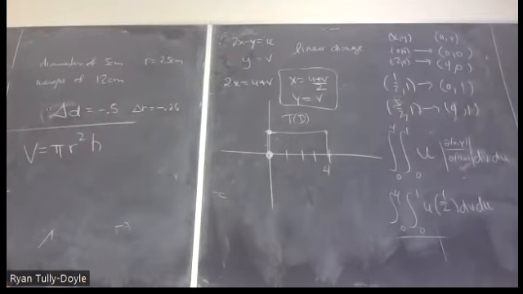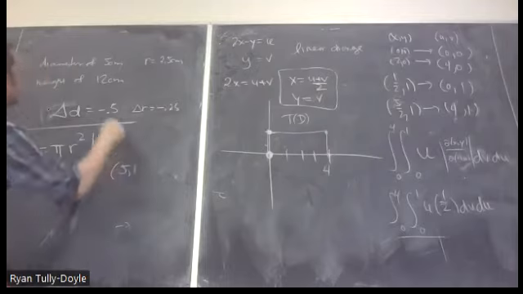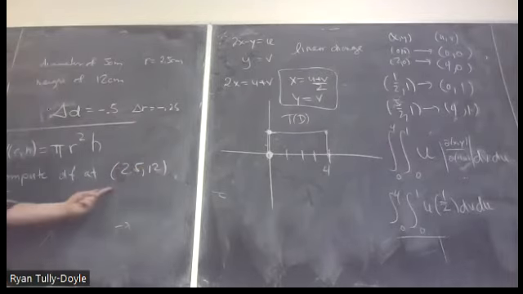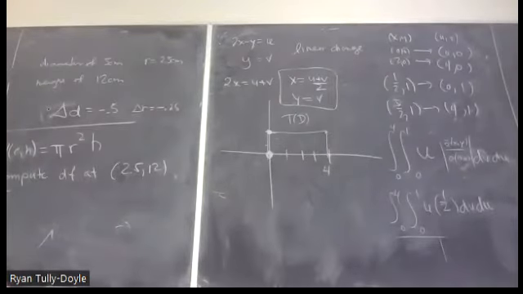Now I'm thinking of this as a function, volume as a function of radius and height. What I want to do is compute the total differential dV at the point 2.5, 12. Radius 2.5, height 12, right?